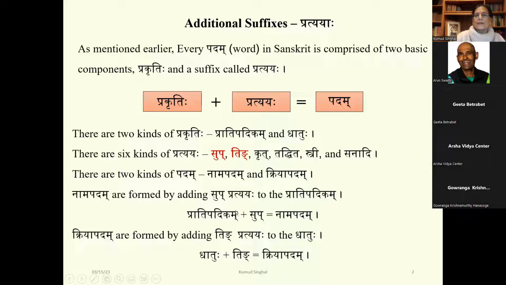So pratipadikam plus sup results in a nama padam. Kriya padam or verb forms are formed by adding ting pratyayas to the dhatu. So dhatu plus ting results in a kriya padam. And there are 18 ting suffixes, 9 for parasmai padi dhatus and 9 for atmane padi dhatus.